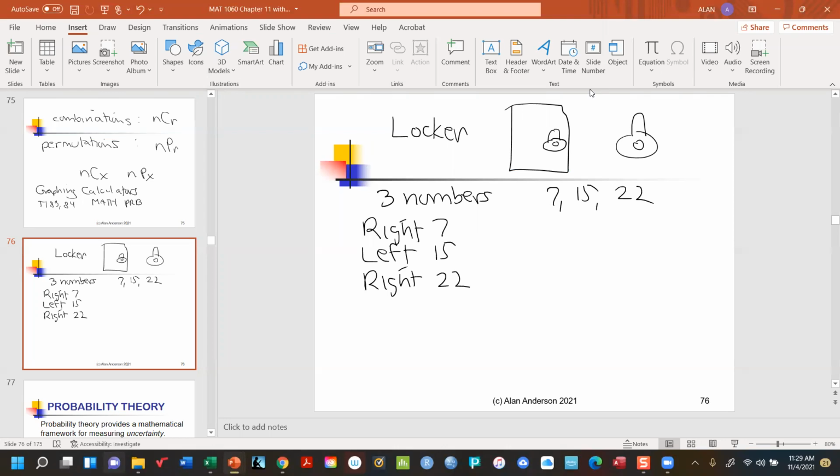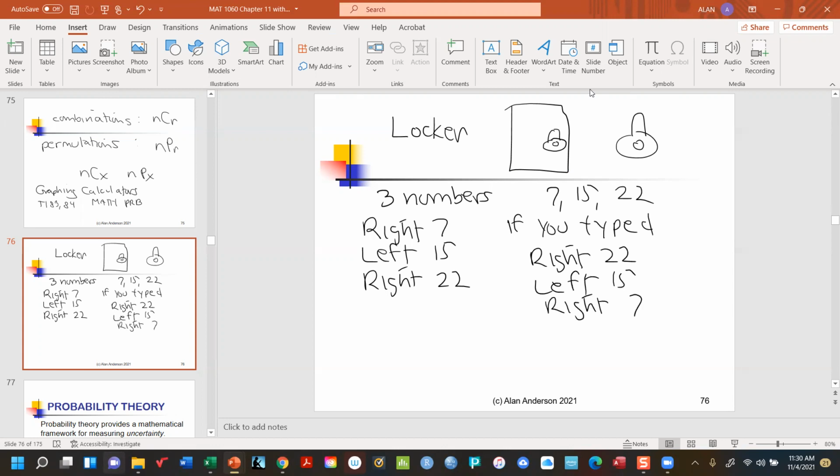Now, let me ask you this question. What if you went into your combination lock and you entered, I guess you're not really typing, but you said right 22, left 15, and right 7.